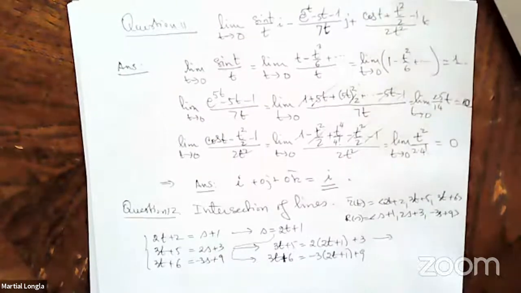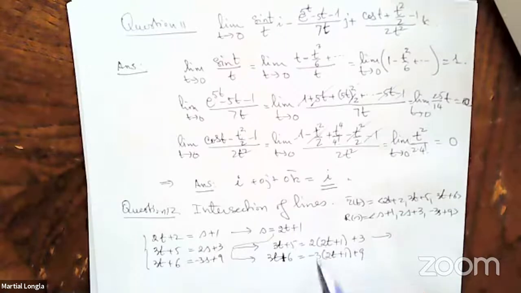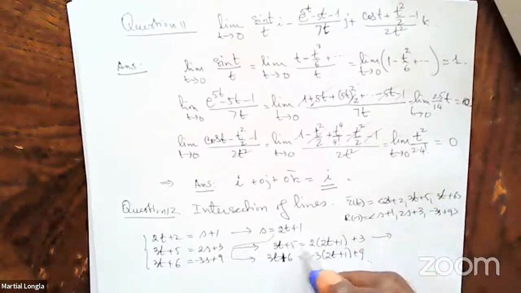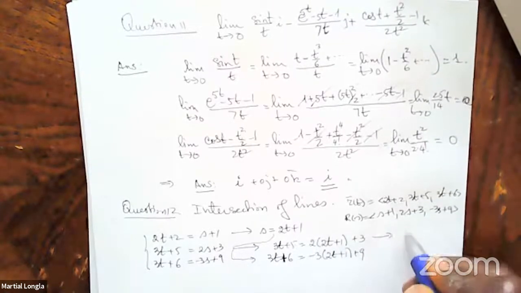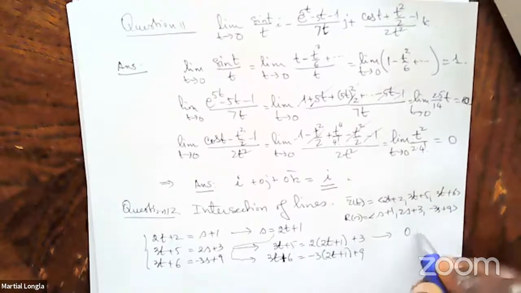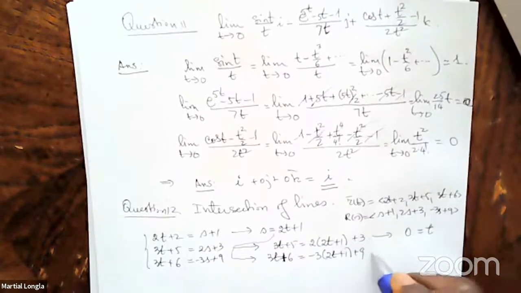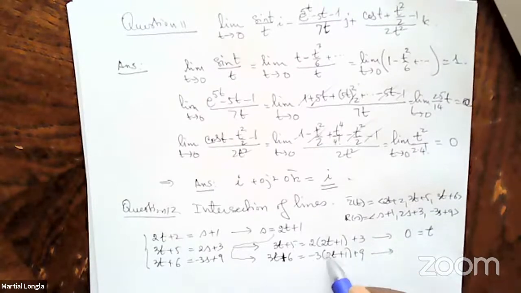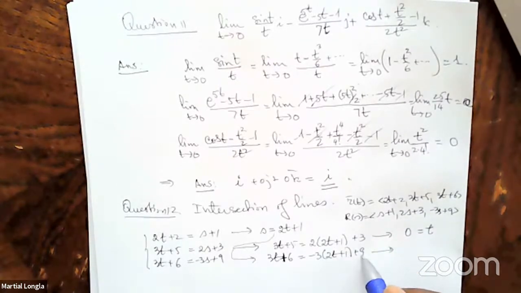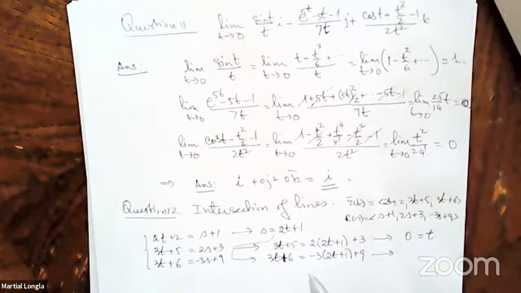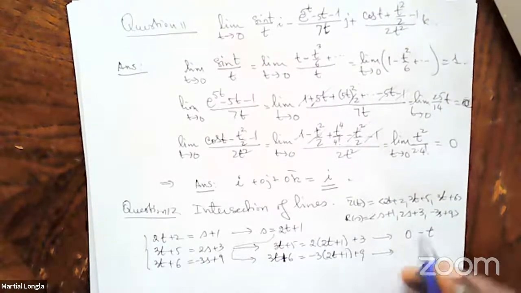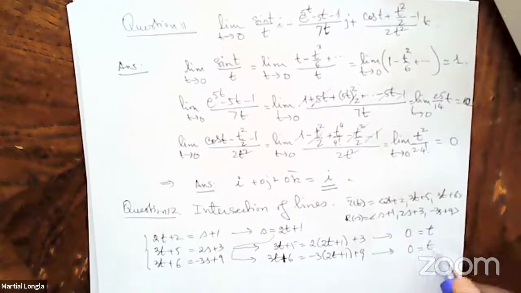And here, what do we get? 3t and 4t, 5 and 5, that's 0, and then t equals 0. And in this one, what do we get? Minus 3 plus 9, 6, they cancel. And then we get also here 0 equals t.